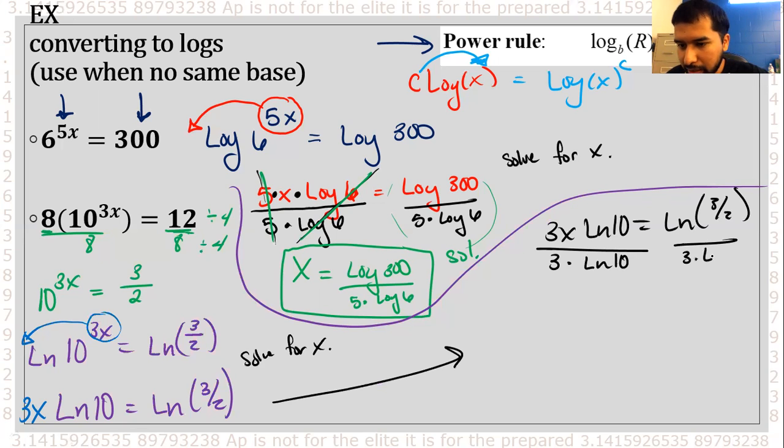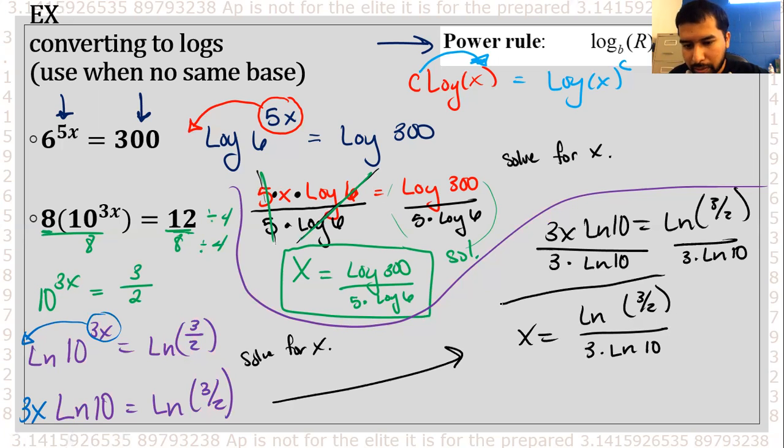So I'm left with x equals all this good stuff, ln of 3 halves, over 3 times ln of 10. That's your solution. Keep in mind, I would leave it like this, guys, because if you put it on your calculator, it'll give you some decimals.